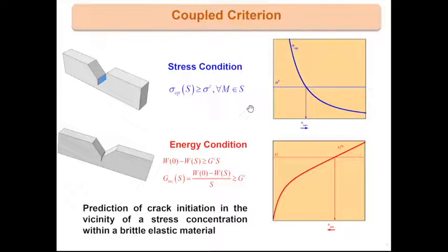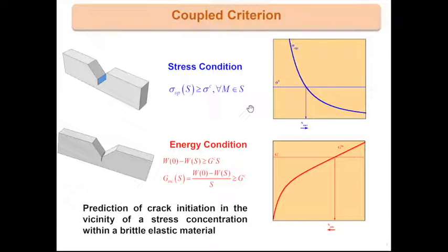If you plot this incremental energy release rate versus the crack surface, you obtain an increasing curve. And then you have to combine both conditions to define crack onset.